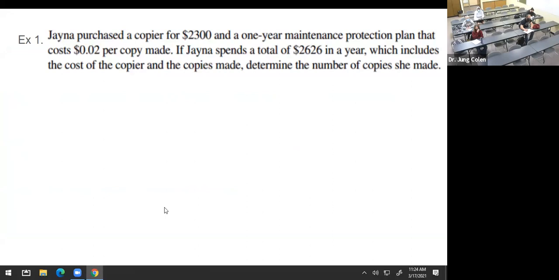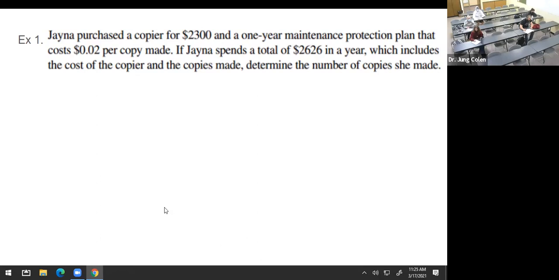I can randomly call your name to solve this problem. Jaina purchased a copier for $2,300 and a 1 year maintenance protection plan that costs 2 cents per copy made. If Jaina spends a total of $2,626 in a year, which includes the cost of the copier and the copies made, determine the number of copies she made. So we are given enough information to solve this problem.